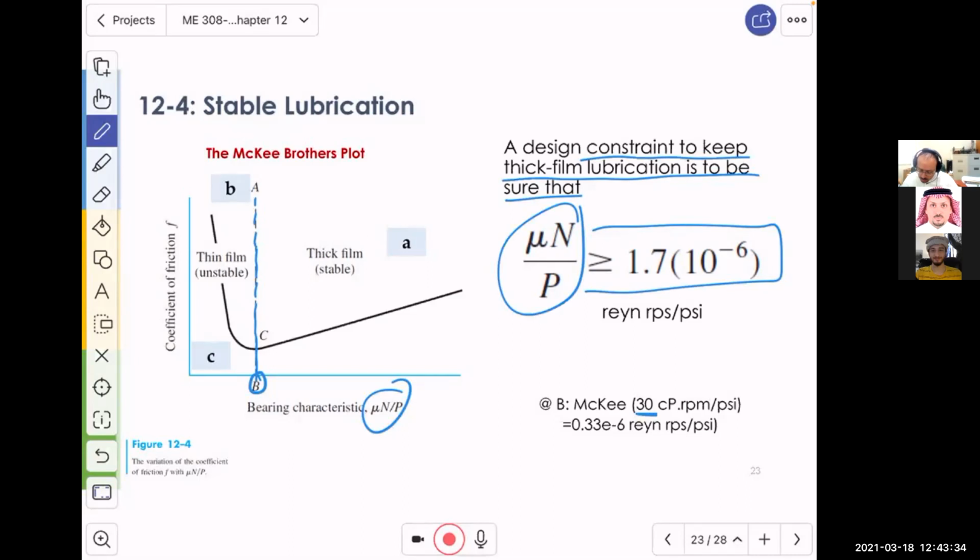I think I may have a discrepancy between these values, but I need to double check it, because this is the same as this, and here we have 0.33, and here we have 1.7. So I need to double check this issue.